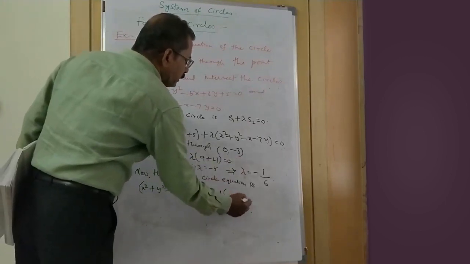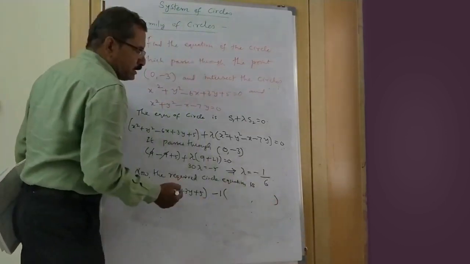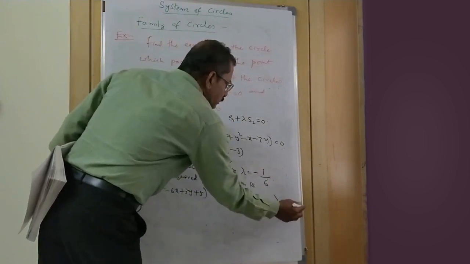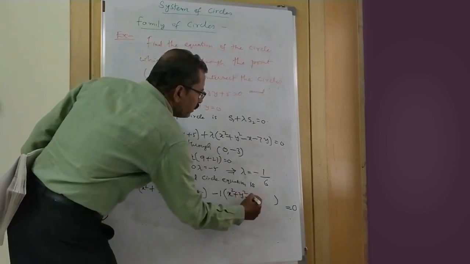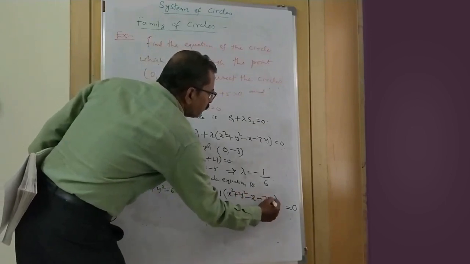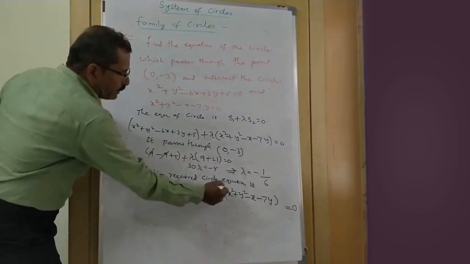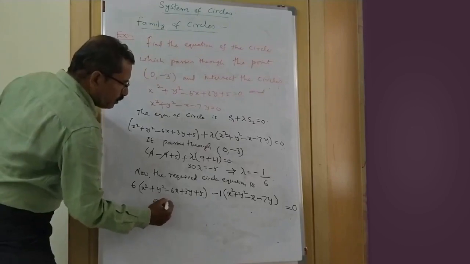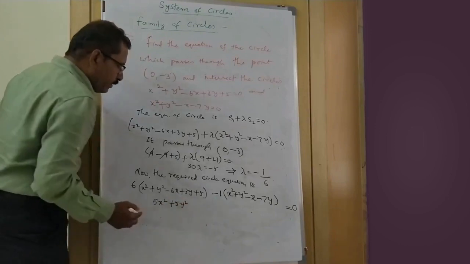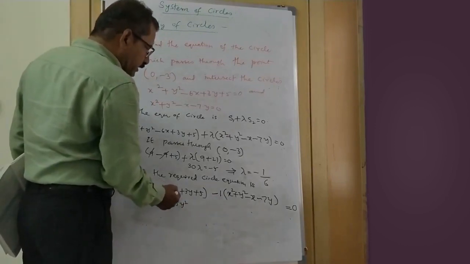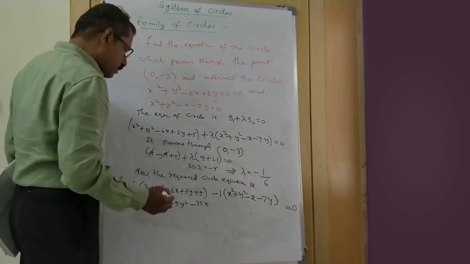So I am writing the LCM as 6: 6 times the first equation minus 1 into (x² + y² - x - 7y) = 0. Then 6x² - x² is 5x², 6y² - y² is 5y², then -36x + 1x is -35x, right?